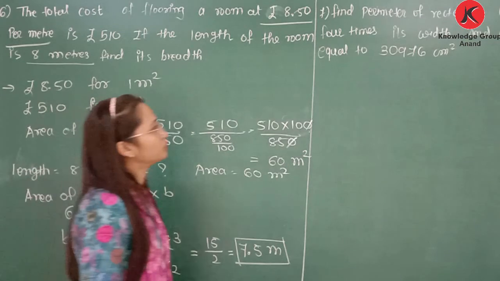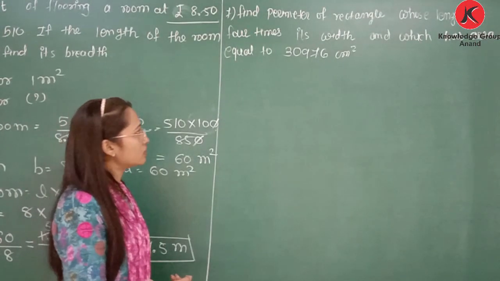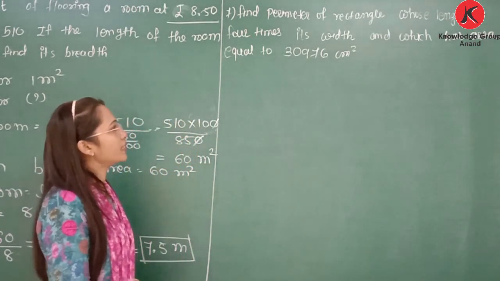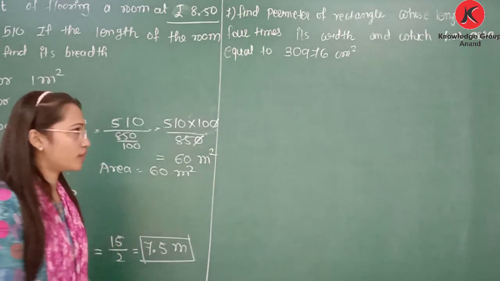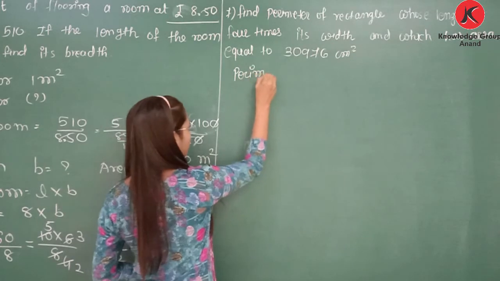Now next one. Find the perimeter of a rectangle whose length is 4 times its width and which has an area equal to 30,976 meters square. So what information is given? Perimeter we need to find.